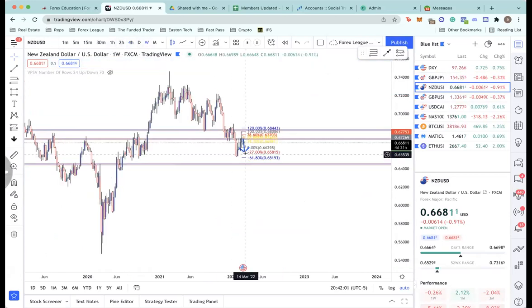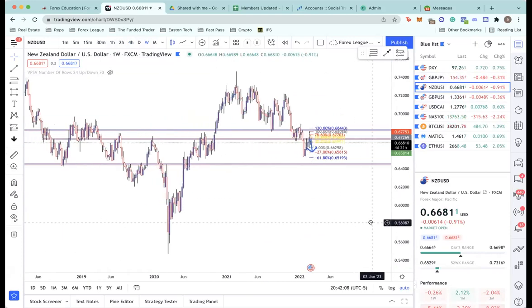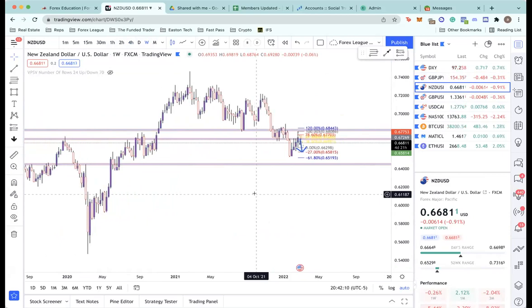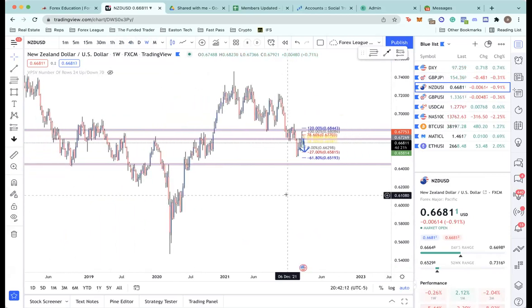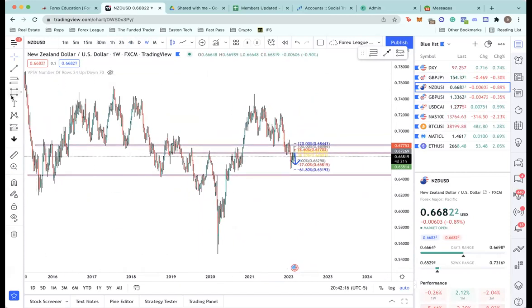So coming up to the weekly time frame, as always, let's take a look at where our levels are on the weekly and why they are here. Let's zoom out as always, and we've got a ton of structure previously at this area up here.